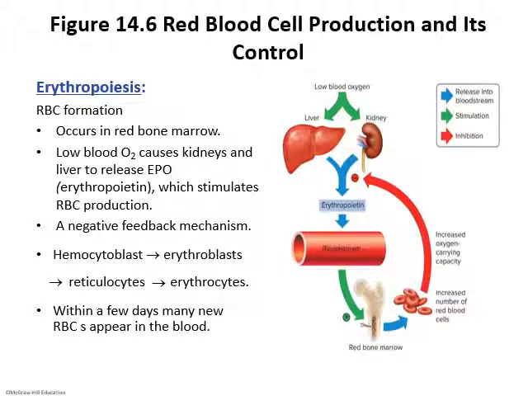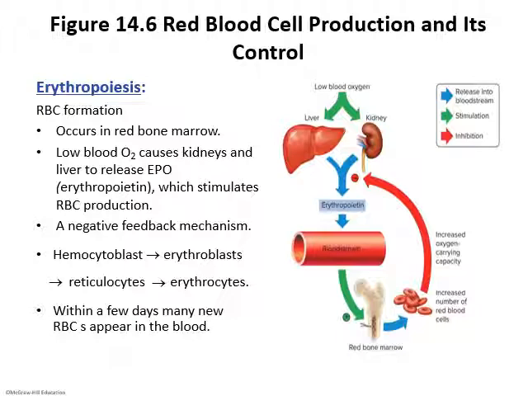Okay, so erythropoiesis, again, this is the process of creating blood cells. Hematopoiesis was blood cells in general. Erythropoiesis is red blood cells specifically. And this process is started by the release of the hormone erythropoietin. This is going to be released when there's not enough red blood cells or not enough oxygen in the blood.